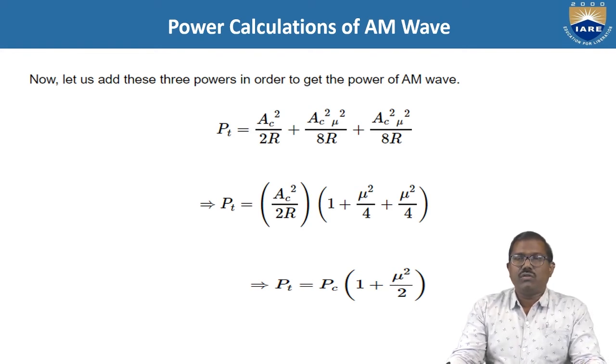PT is equal to Ac square by 2R plus Ac square mu square by 8R for the upper sideband and Ac square mu square by 8R for the lower sideband. I am adding these three components. Finally, the transmit power PT is equal to Pc of 1 plus mu square by 2. Thus we get.